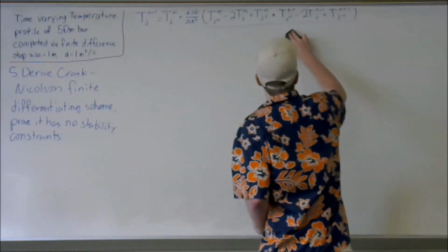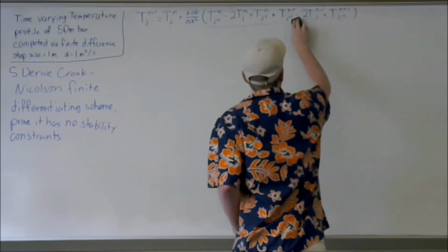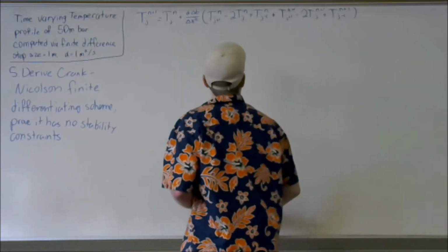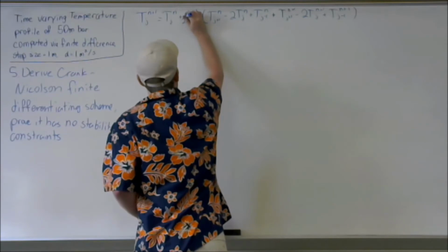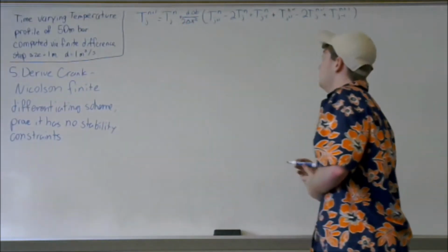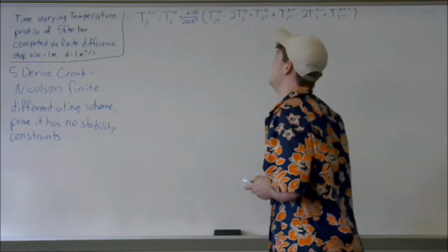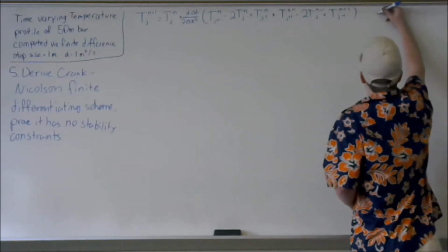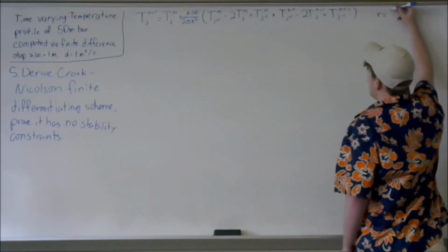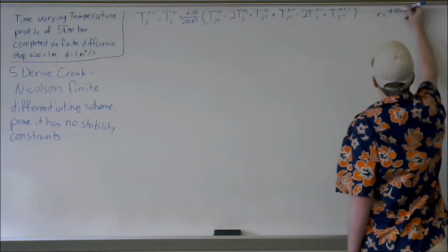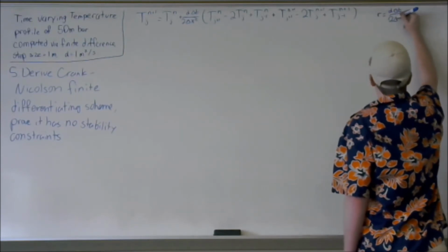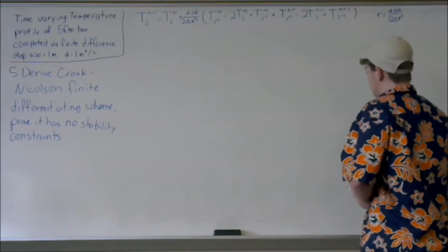We don't really need that there because we're going to move it over to this part here. So this will be plus 2 delta x squared. And once again, we're going to define this new value as r. So we'll say r equals alpha delta t over 2 delta x squared.